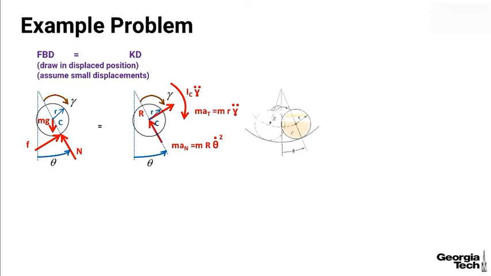This sphere is large enough that I'm not going to consider it a point mass, and so I've got the mass times acceleration in the tangential direction, which is mr gamma double dot, since gamma is our coordinate. In this case, for my mass times acceleration normal, I've got mR theta dot squared, or mR omega squared.